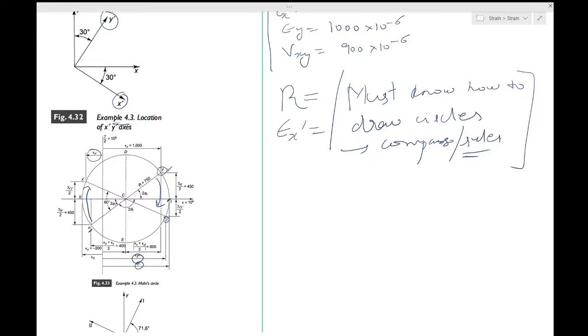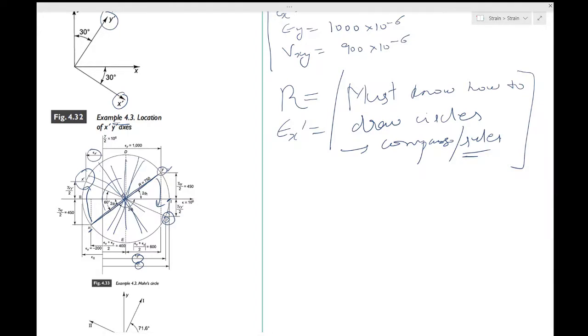For example, in this particular case, this xy will always be the same, right? Once you have known what the strains are in the xy coordinate system, what will change is this x dash and y dash, and that will change according to the angle of rotation of the axis. So you can keep on drawing as many circles with a pencil over this, depending on what the rotation is, and keep on getting the values.